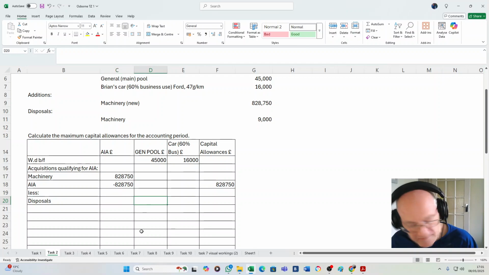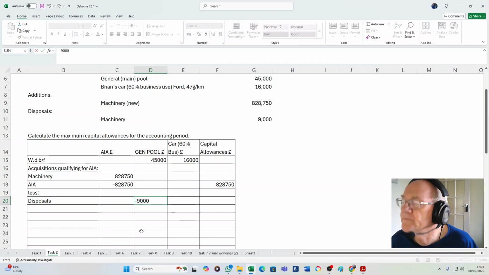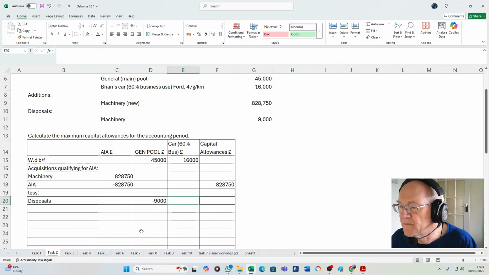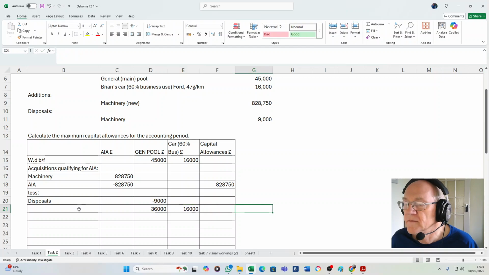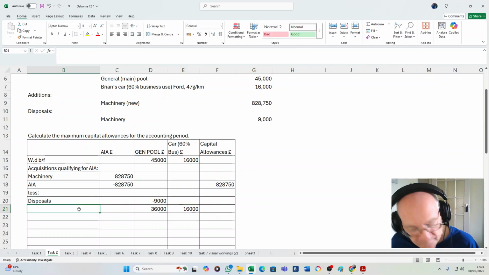So this is something out of the general pool. So we put it in brackets. That means we now have a subtotal effectively. Doesn't really need a heading, that one.